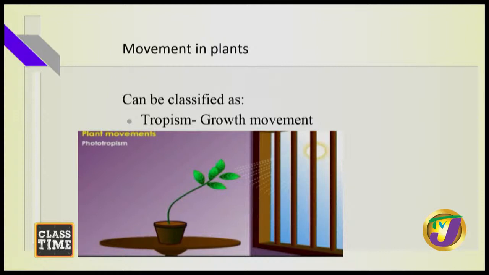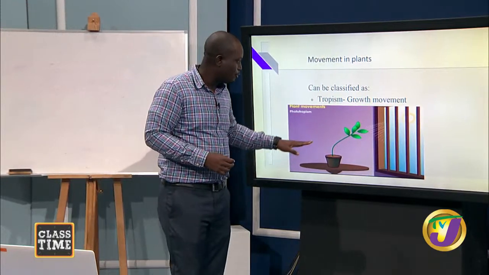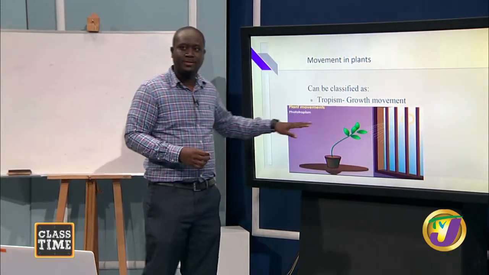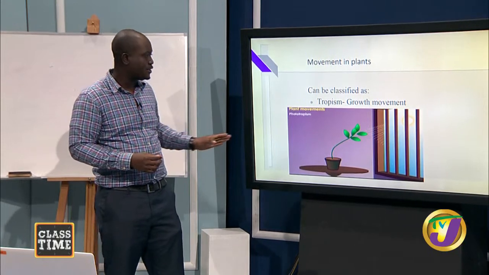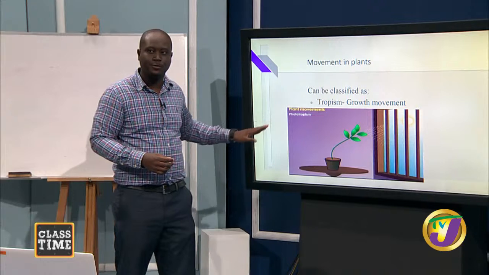The first type is tropism, which is growth movement. There's a potted plant on the window, and you see the potted plant moving towards the sunlight. That is phototropism. So the plant is growing towards the light source. That's a tropic movement.